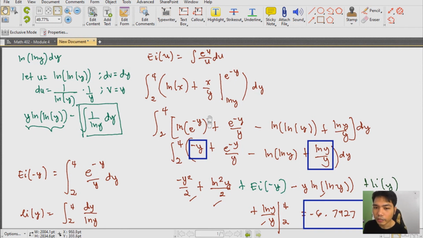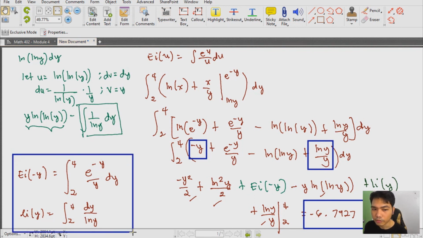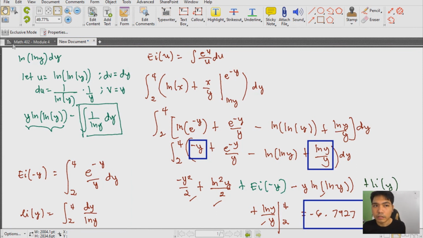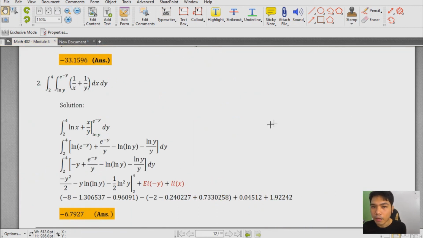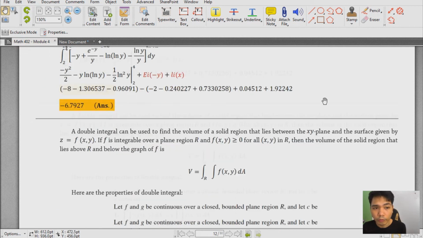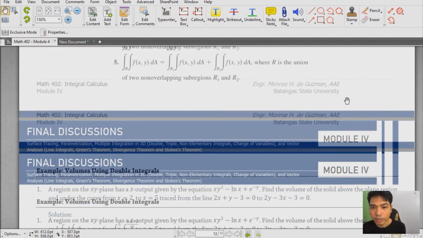Allowed lang kayo gumamit ng calculator for these parts na, ay hindi pala yan. Ito sa mga parts na to na non-elementary integrals wherein we need to directly integrate this. So ganun lang yun. Okay, and I think that's the end of this example for multiple integration in 3D. I mean in with non-elementary integrals.